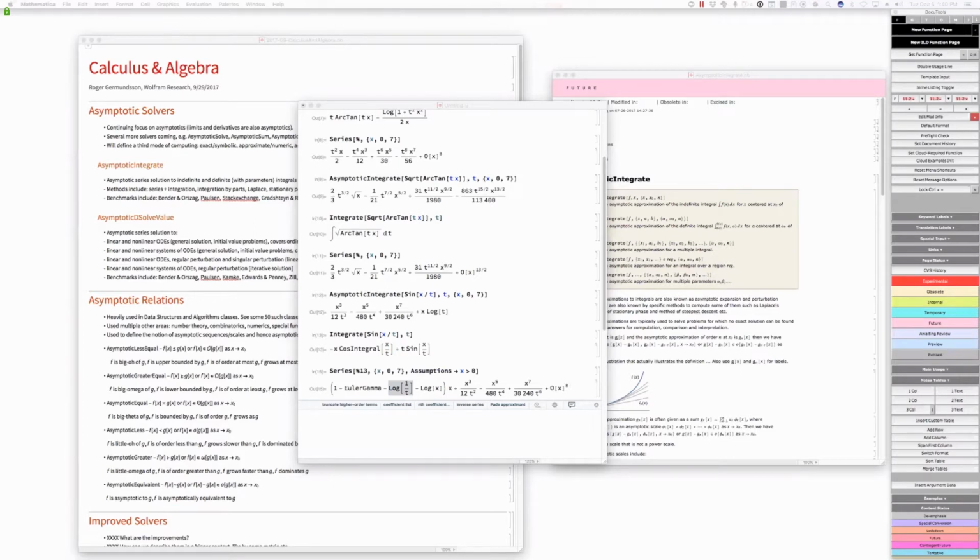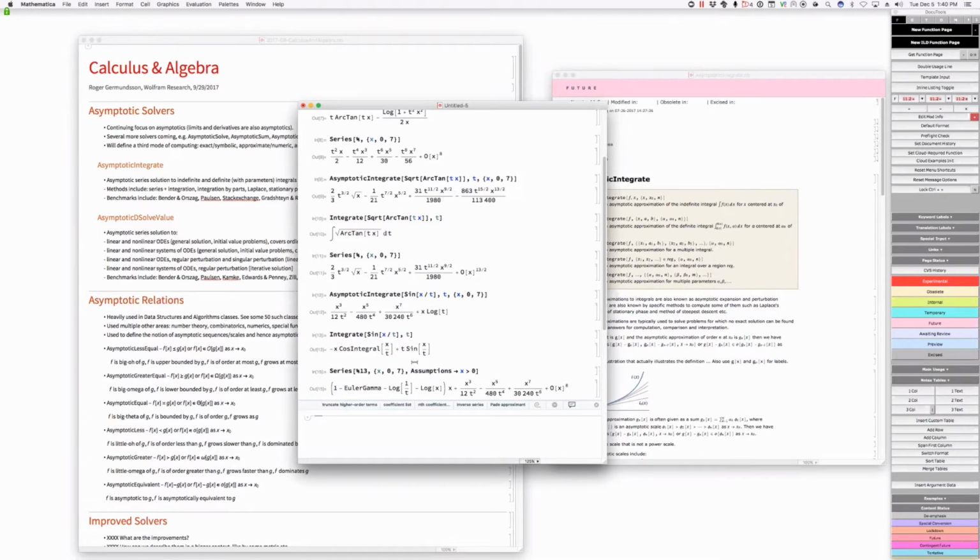Sorry, I spaced out for a minute. Could you go back and repeat this? I'm trying to understand this asymptotic integrate versus integrate versus series of integrate. Most of the time they will give very similar results.